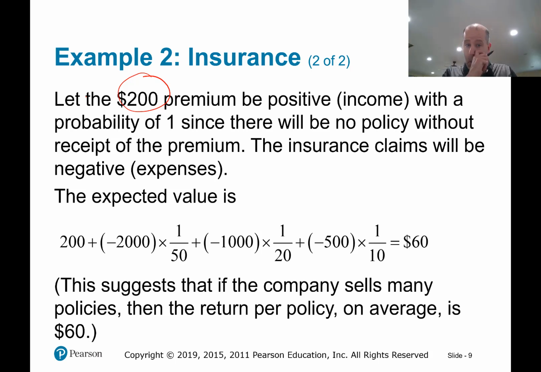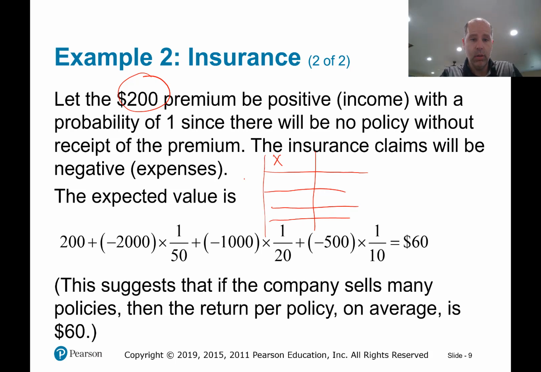Now, what are the three possibilities? Let's do X as the outcome. Let's say one outcome is no claim. Oh, let's do the other ones first.